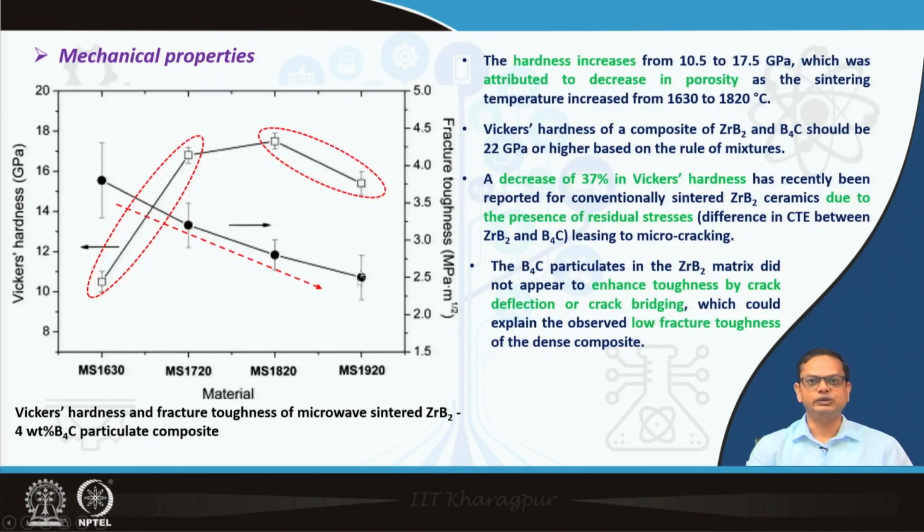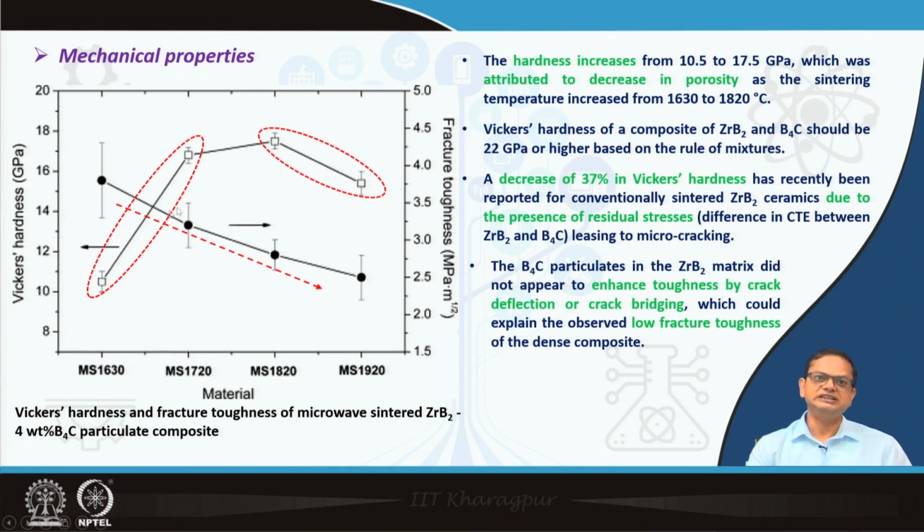So, again if you look at this hardness data, there are two things happening. Number one is that there is increase in grain size. However, along with that there is also formation of micro cracks because of the residual stress at that high temperature cooling. Okay. Because of these two reasons, the hardness is now getting decreased.